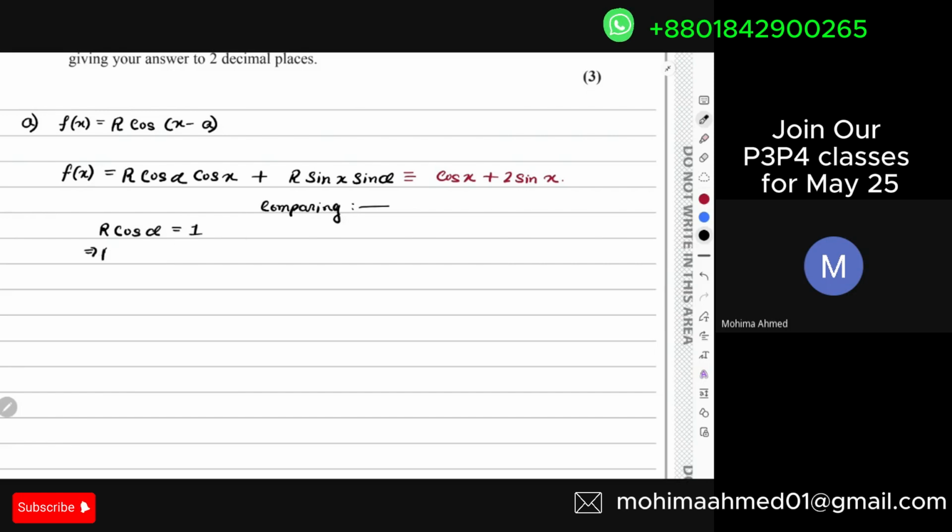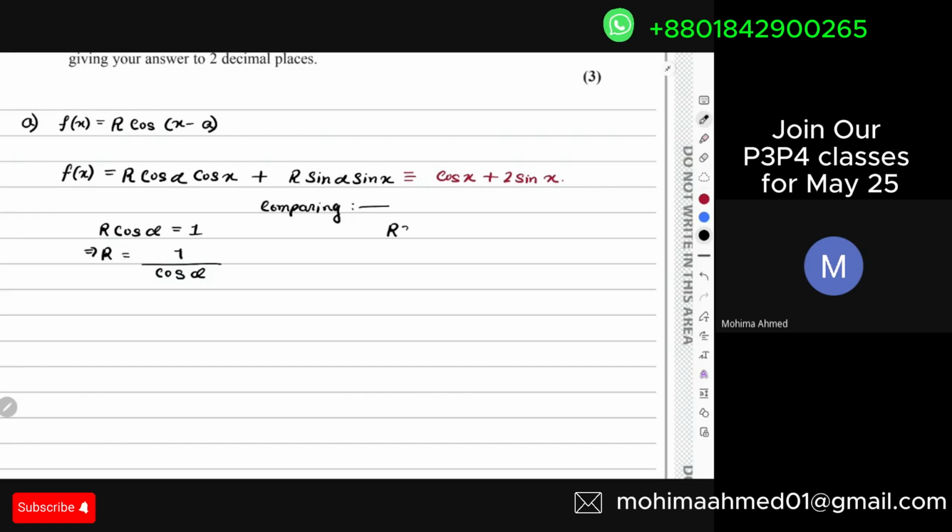So we basically get R as 1 over cos alpha. And if you compare the sin x coefficient, it was 2 and here it was R sin alpha.